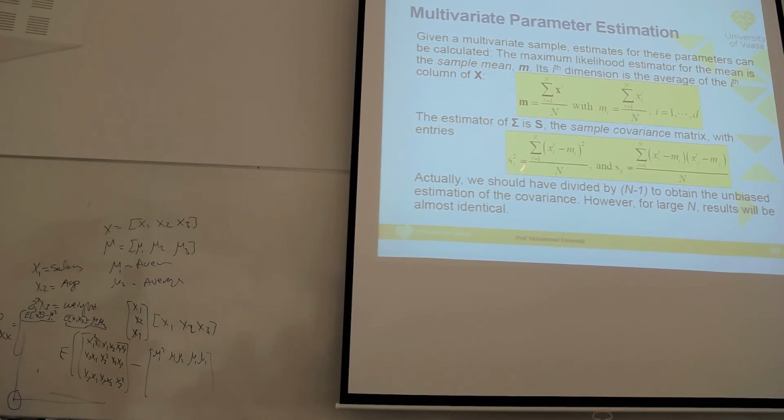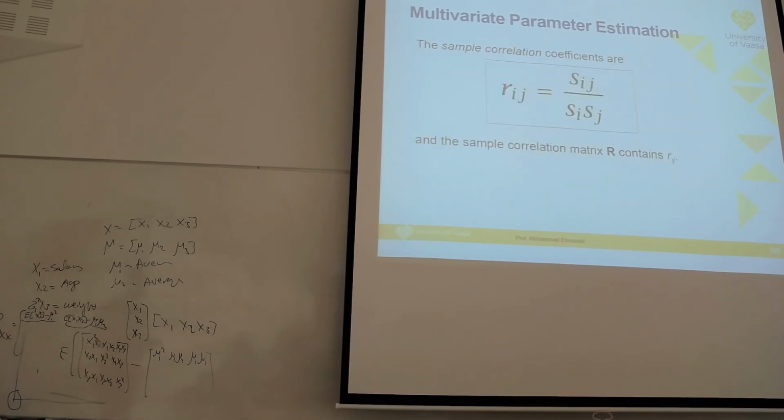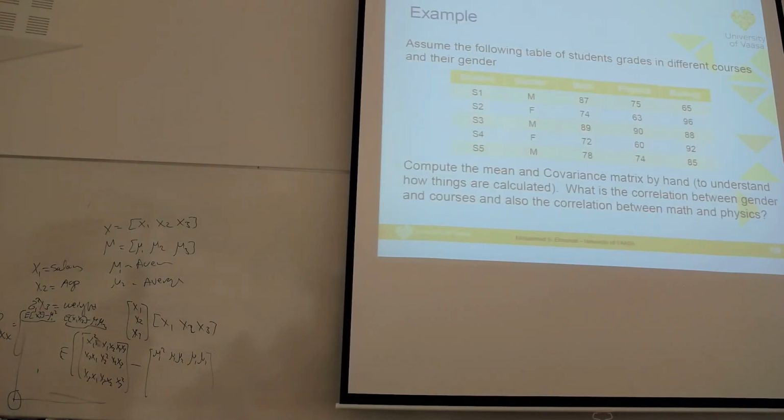Also, si square is computed in this way, and sij, when i does not equal j, is given by the summation of xit minus mi times xjt minus mj. This is the maximum likelihood estimation of the mean and the covariance. But remember, it is a biased estimator. If we want the unbiased estimator, we should divide by n minus 1, as we said before. But when n is large, it doesn't matter.